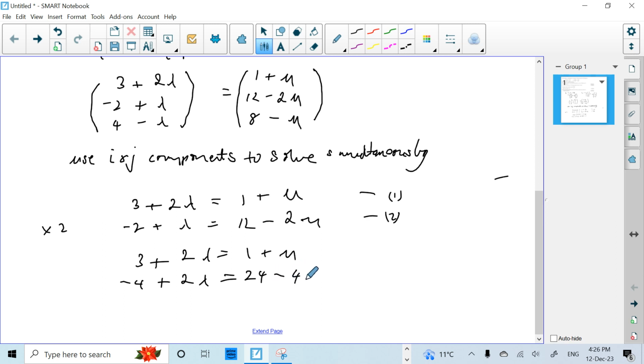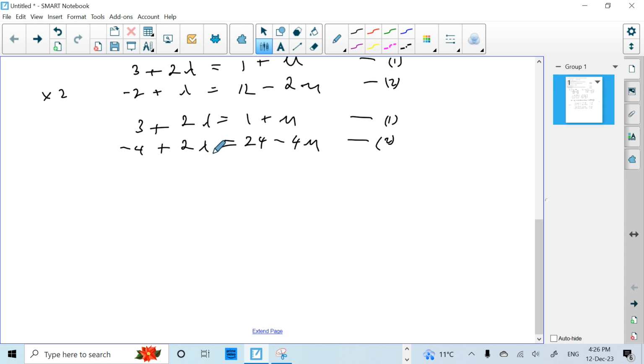Now, solving simultaneously, subtracting, 3 minus minus 4 gives me 7.